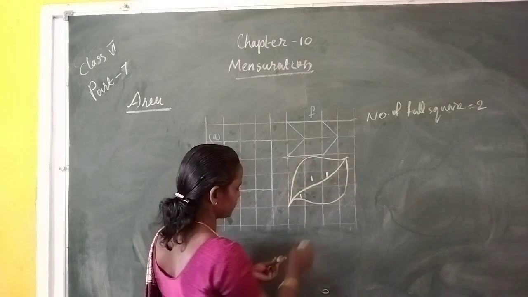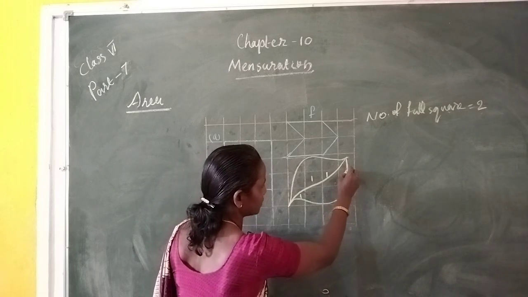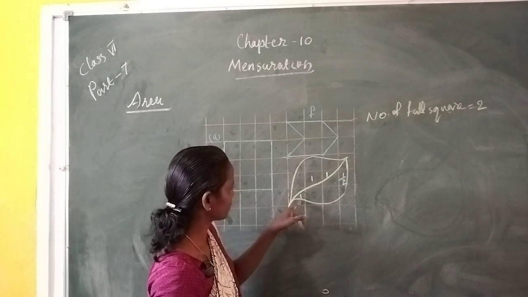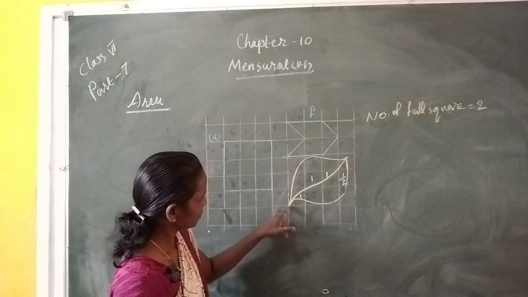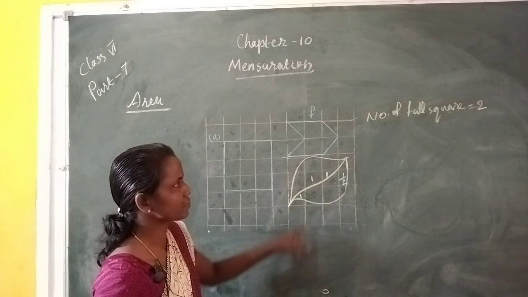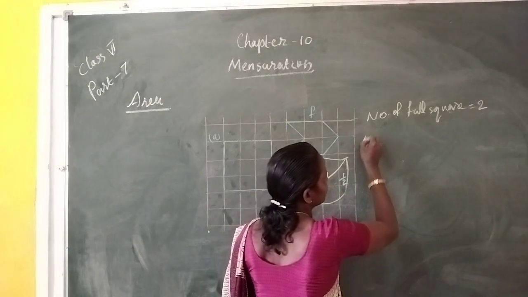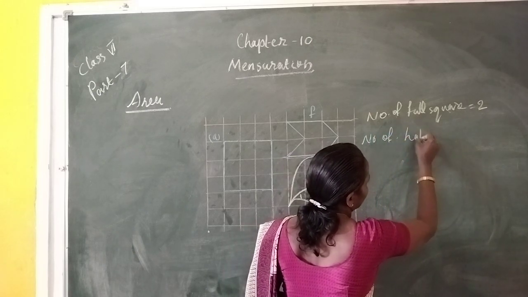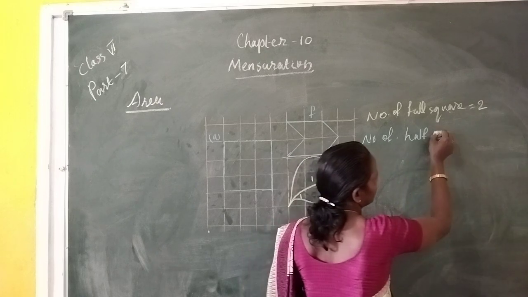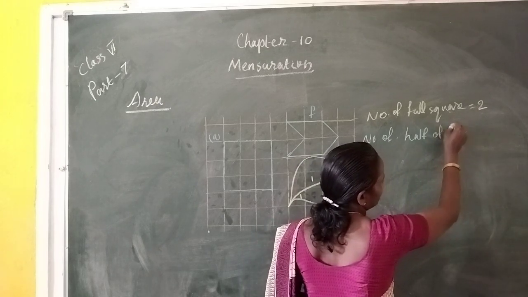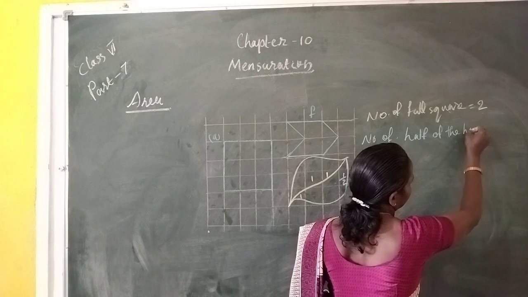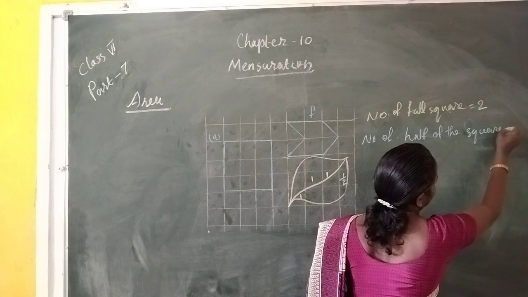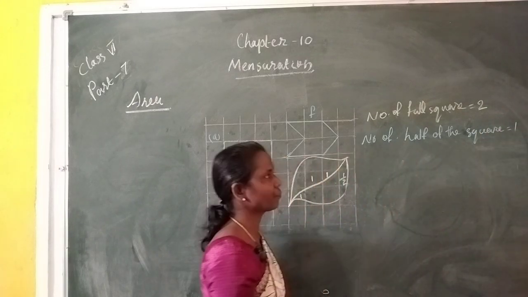This we can take as half. So the number of half squares is equal to 1.